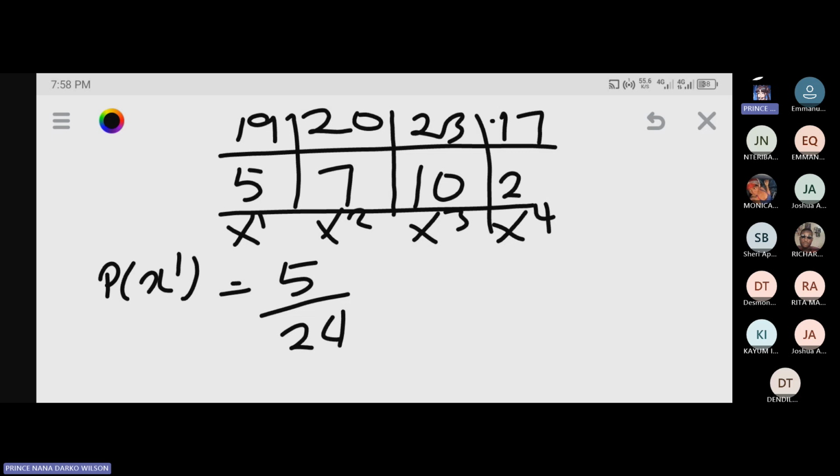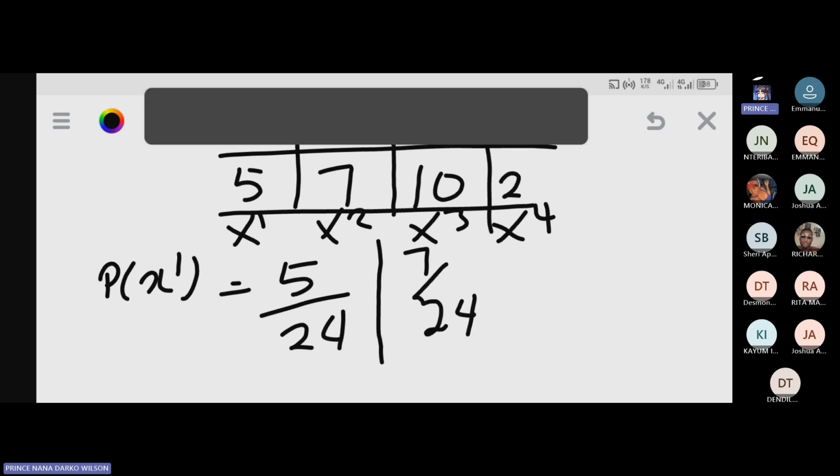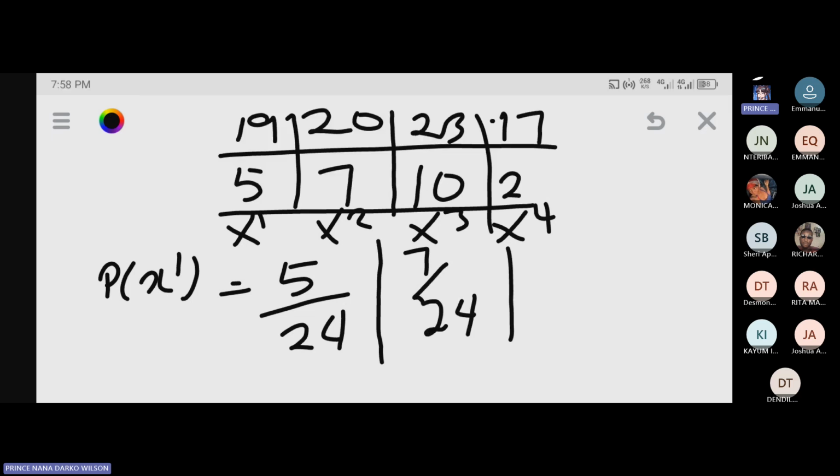So 5 over 24, that's the probability of X1 occurring. We do the same for X2 occurring. That's going to be 7 over 24. We do the same for X3 occurring. That's going to be 10 over 24. That may be simplified. And then we do that for the last one. That's going to be 2 over 24.